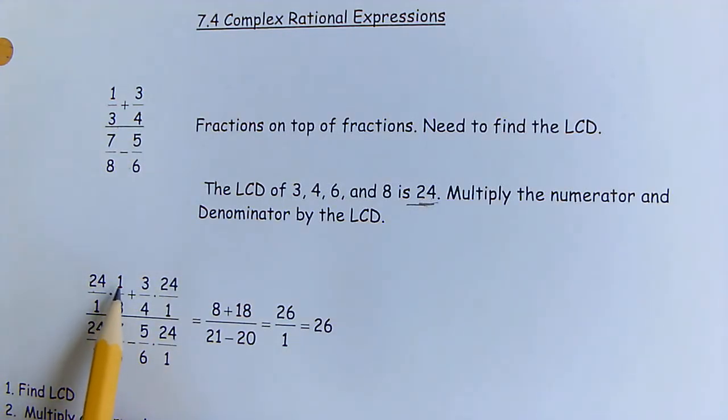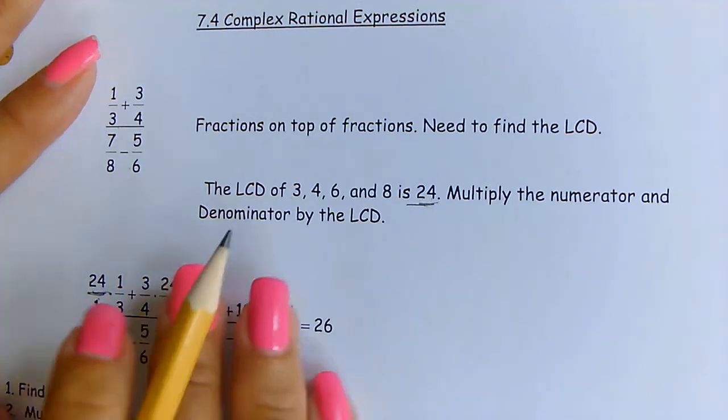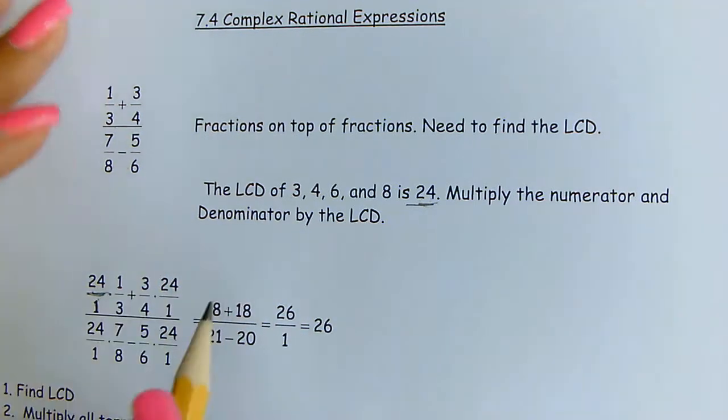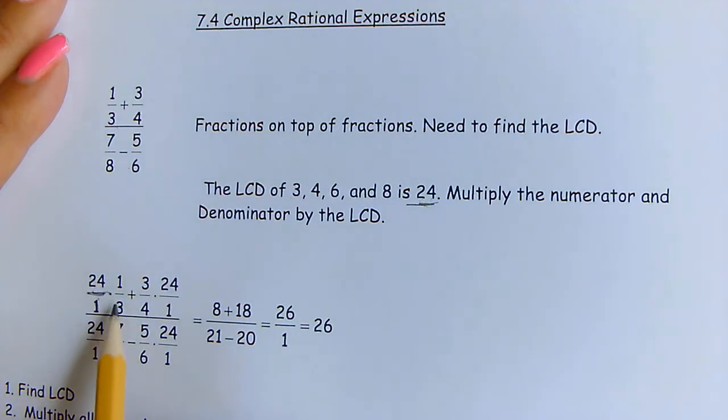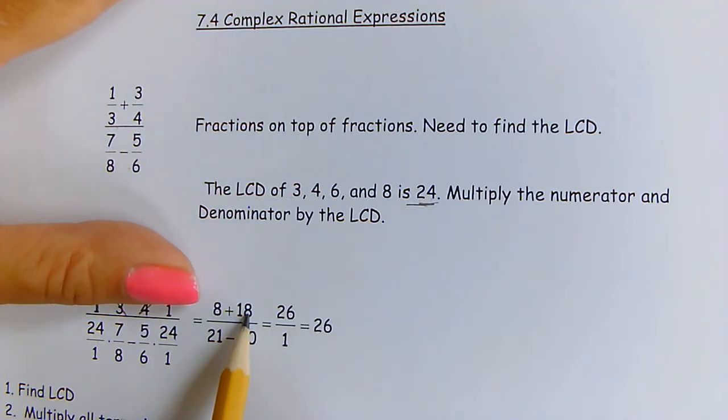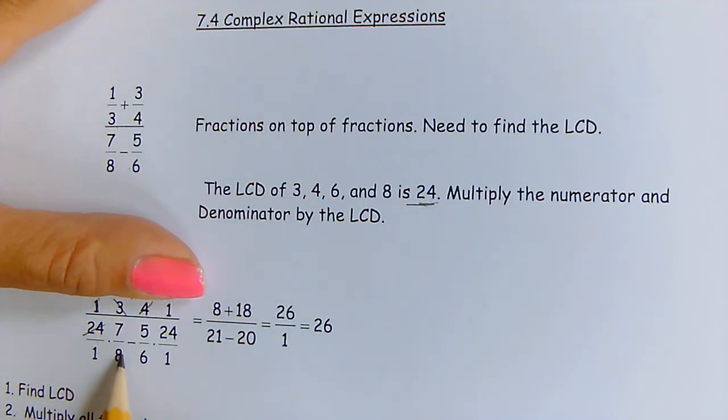Because I'm multiplying by a fraction, I write it like a fraction. So each problem becomes a small fraction problem on its own. 24 divided by 3 is 8. 8 times 1 is 8. 24 divided by 4 is 6. 3 times 6 is 18. 24 divided by 8 is 3. 3 times 7 is 21.